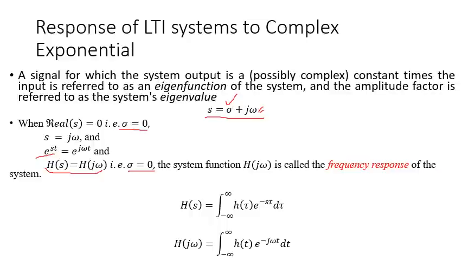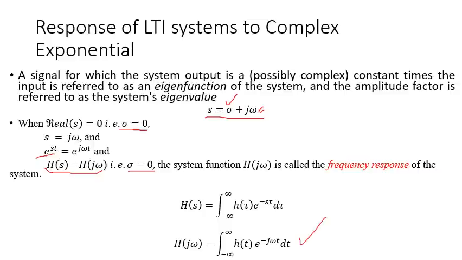So the system function, or the complex amplitude when the real part is 0, is called the frequency response of the system, or the Fourier transform. In Fourier we have this situation where the real part is 0 and we just have the imaginary part.